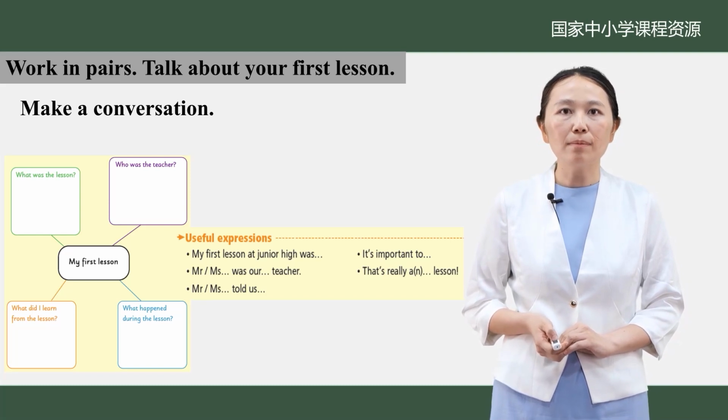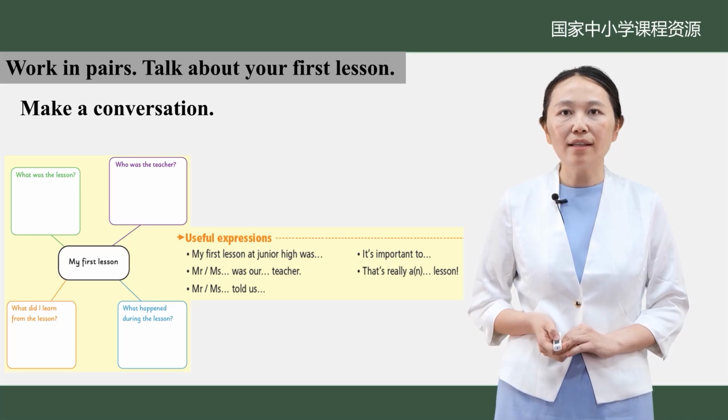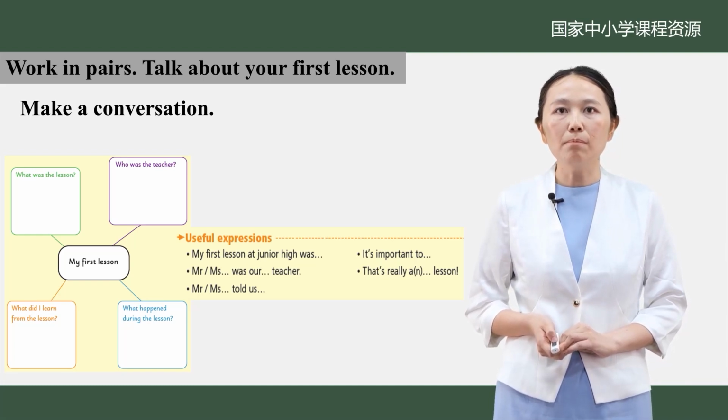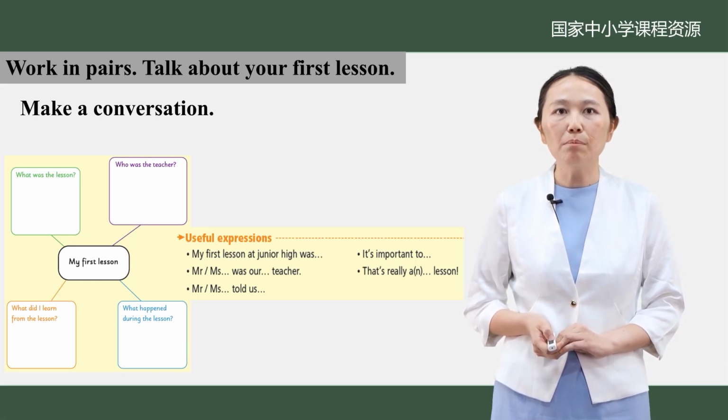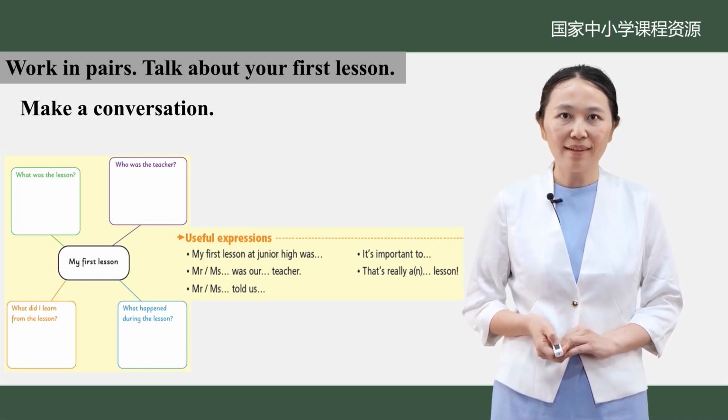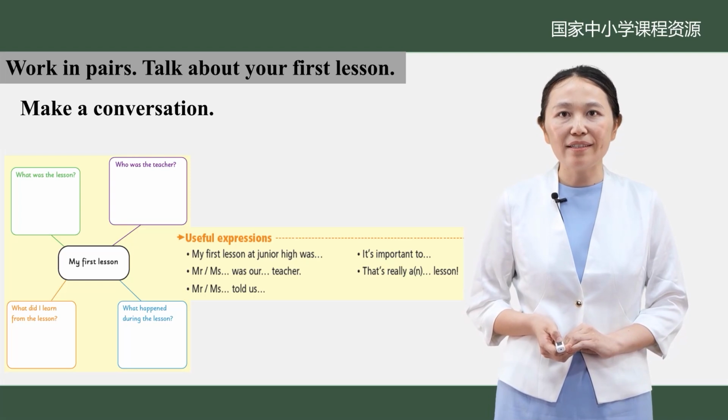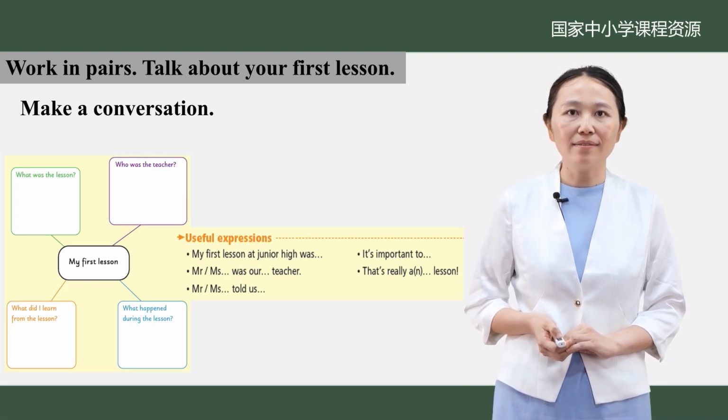Here are also some useful expressions for you. My first lesson at junior high was... Mr. or Miss... was our teacher. Mr. or Miss... told us it's important to... That's really a or an... lesson.